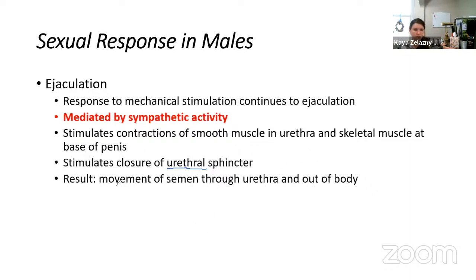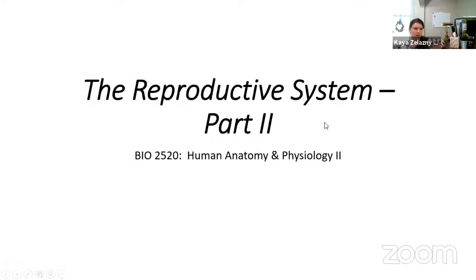It's important that semen moves through the urethra and out of the body instead of urine. Okay, that brings us to reproductive system part 2, which is going to focus on the female reproductive system.